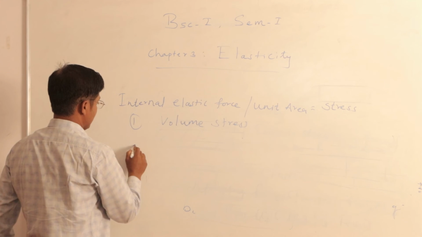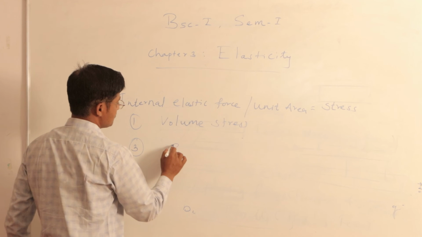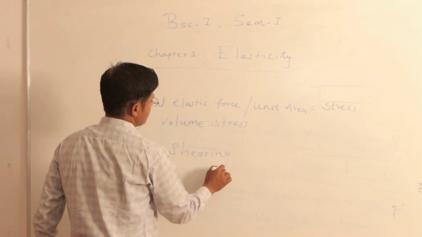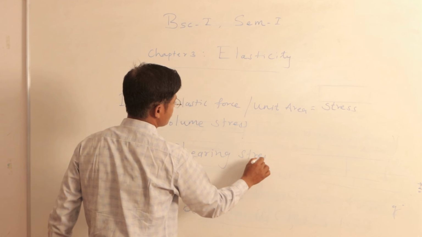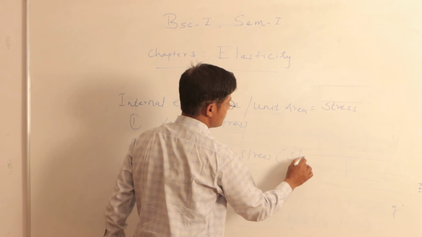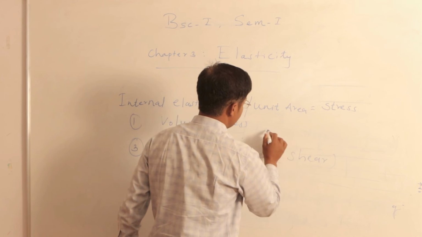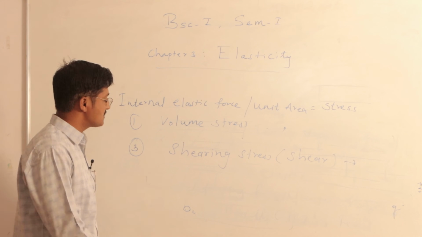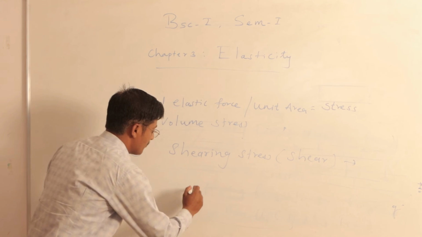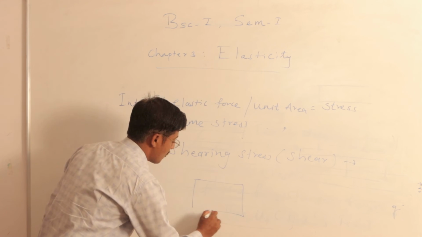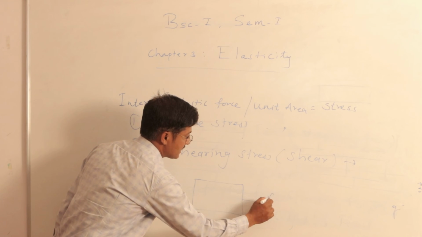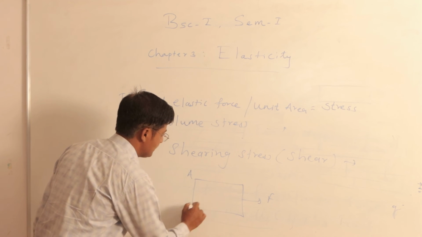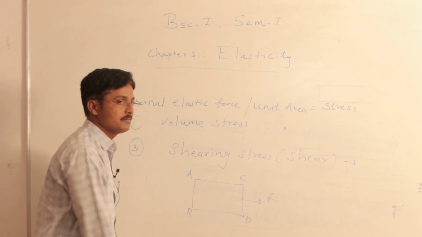And the third type, shearing stress, or it is also called the shear. In this, the deforming force displaces the body from its original position. Suppose this is the body and a deforming force is applied to it. Suppose ABCD is the original position of the body.